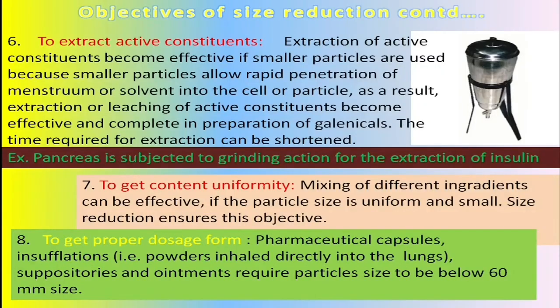Next, to extract active constituents. In the extraction process, the first step is the reduction of size. The extraction of active constituents becomes effective if smaller particles are used, because smaller particles allow rapid penetration of the menstruum or solvent into the cells or particles.